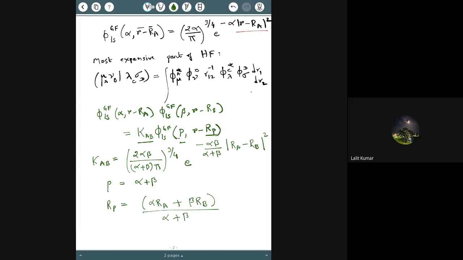So if you remember your vector algebra, then this is the formula which tells you the point which divides the line between A and B in the ratio alpha is to beta. So alpha and beta are the exponents of the two Gaussian functions.